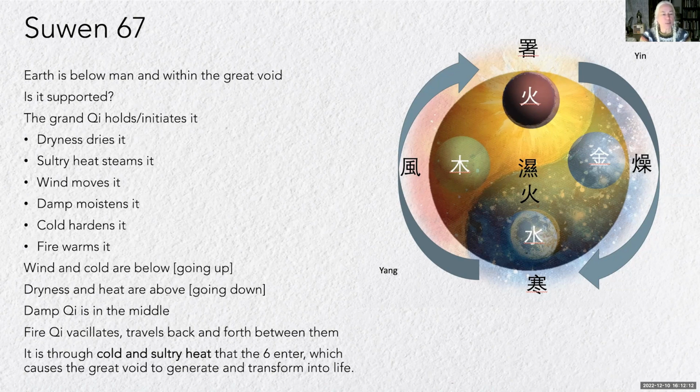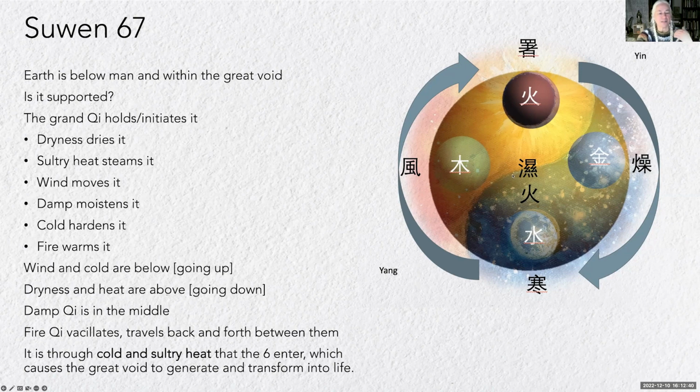And again, we've got wind and cold below, and they're going up. So we can see here the cold, Han, down at the bottom, and then wind on the left in the east, they're below and they're going up, where dryness and heat are above, going down, and the damp is in the middle.